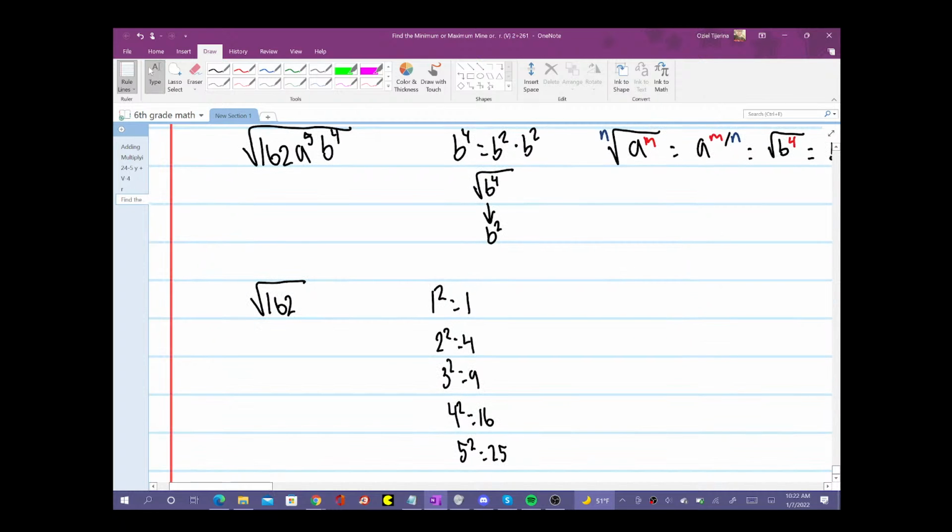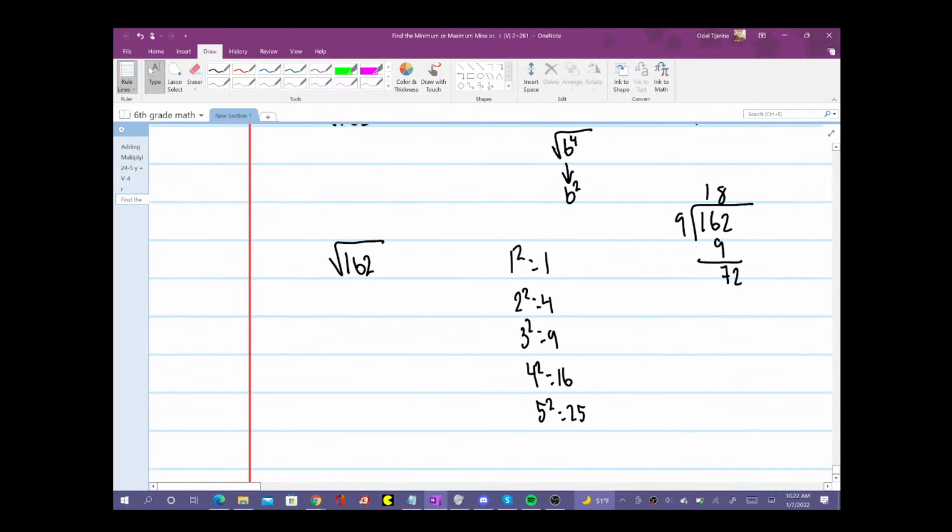So we're going to see if it's divisible by 9. If we do 9, we have 72. So then 9 times 18, right? This is 9 times 18.